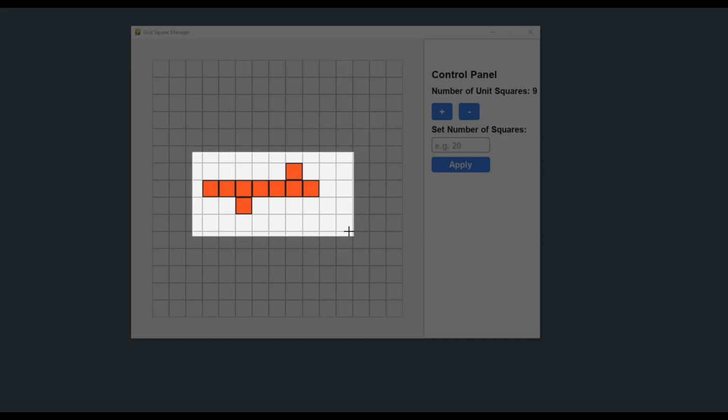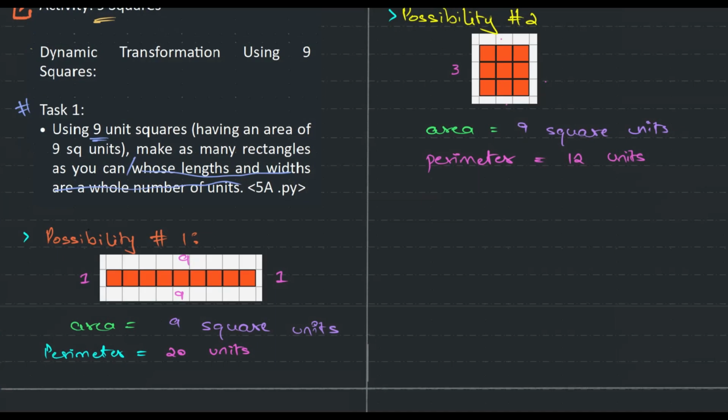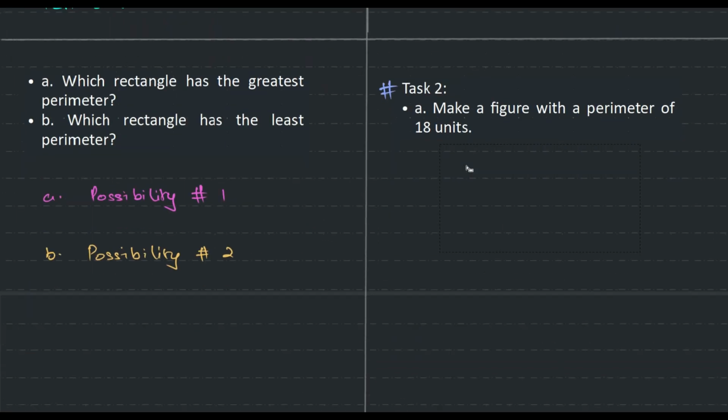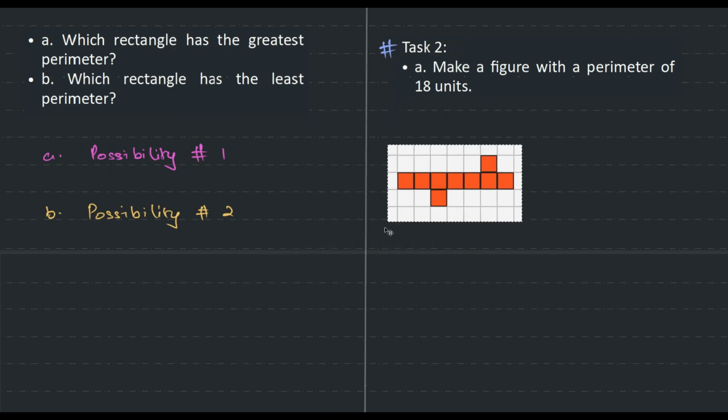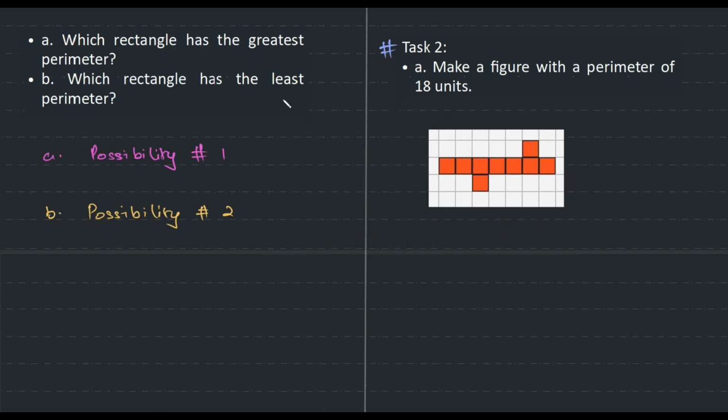Let's see if I'm getting 18. So we have 1, 2, 3, 4, 5, and so on up to 20. No, this is 20. I want 18 though.